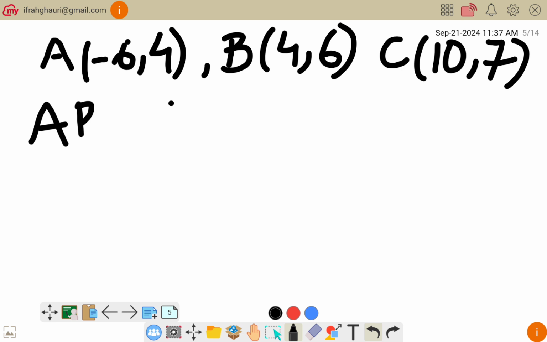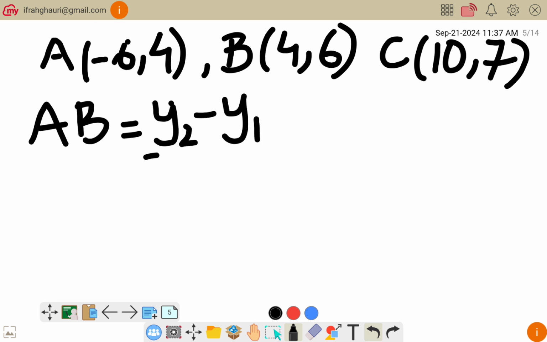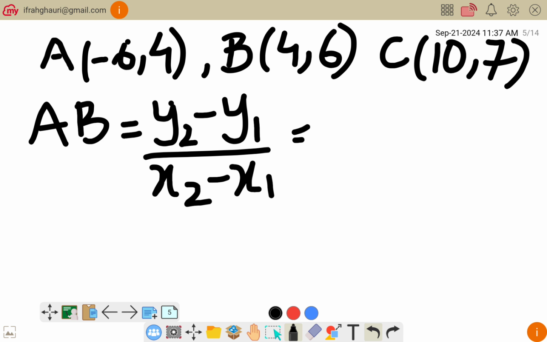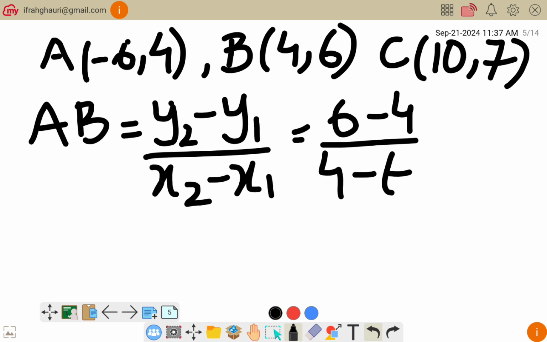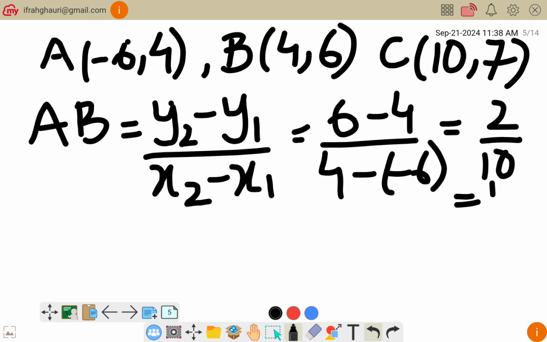The gradient of AB will be given as y2 minus y1 over x2 minus x1. So for AB, that is 6 minus 4 over 4 minus minus 6. So that is 2 over 10, or 1 over 5, the gradient of AB.